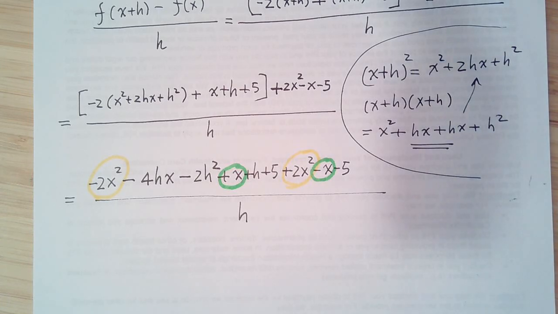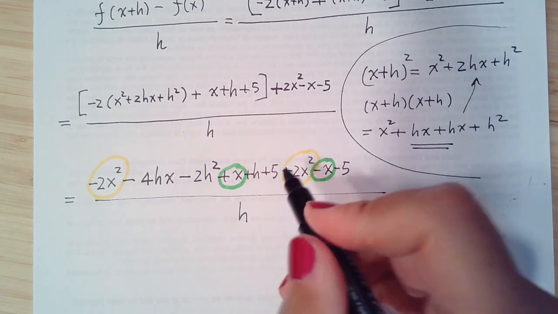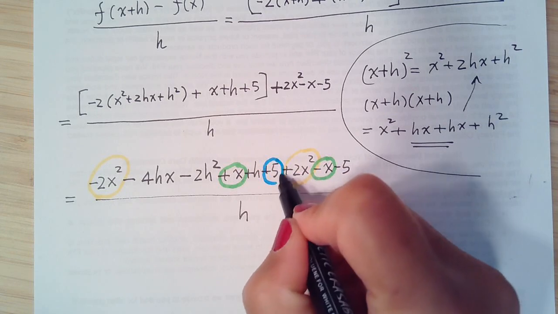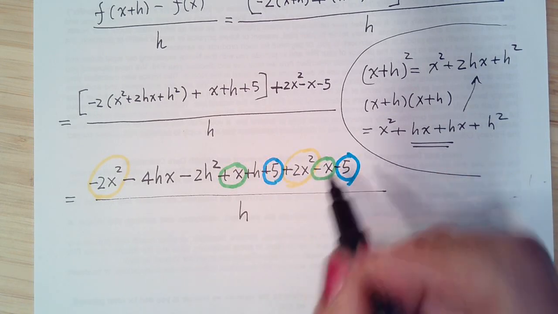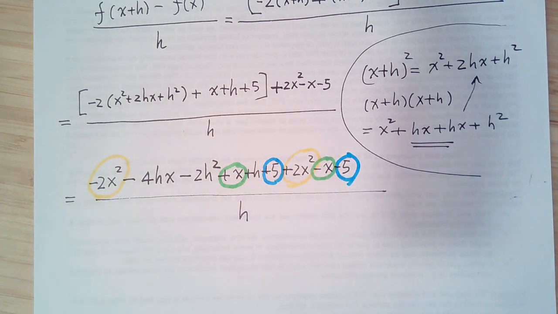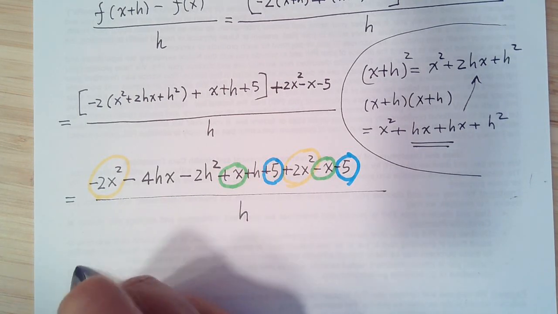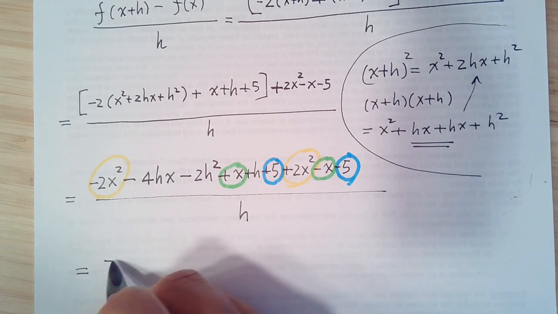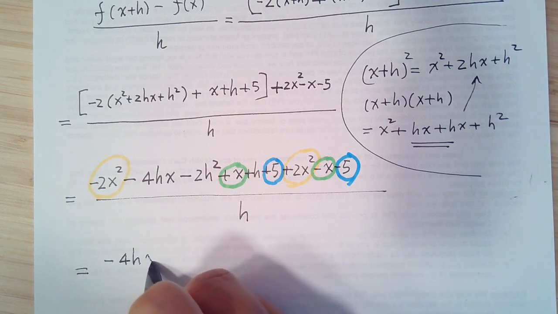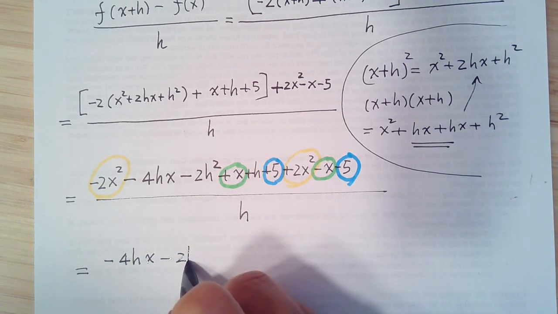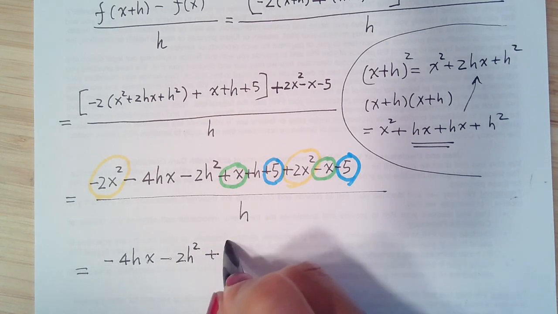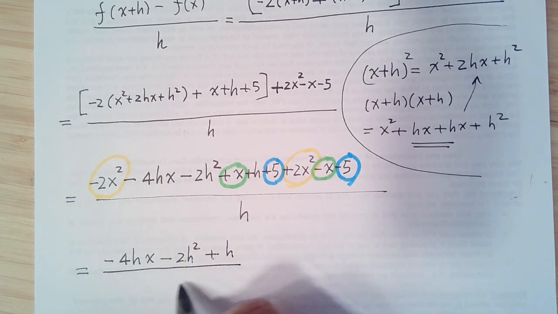And then I have 5 and a negative 5. So everything in this color circle will be gone, because positive and negative cancel. There is nothing more I can drop. So I will have negative 4hx minus 2h squared plus h, over h.